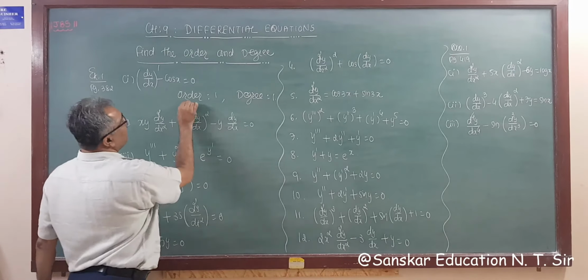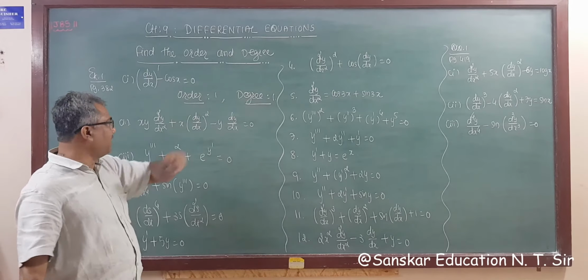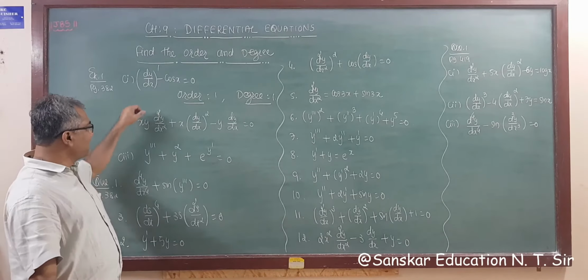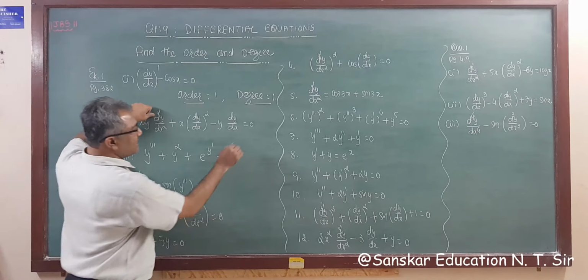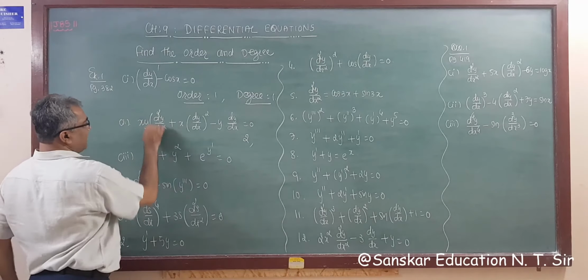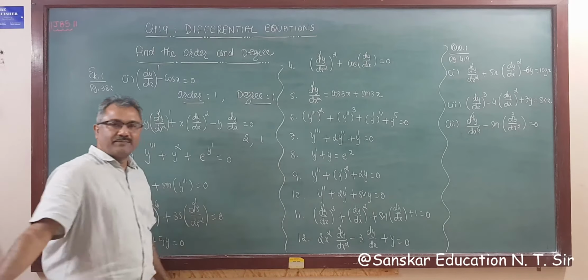So degree is also 1. So order 1 and degree 1, we are writing in this order: order and degree. Now here, see, check: the highest order derivative is the second order derivative, so order is 2 and the power of this highest order derivative is 1, so degree is 1.